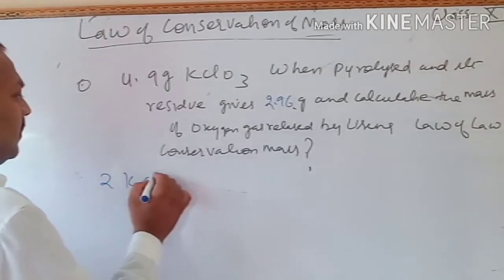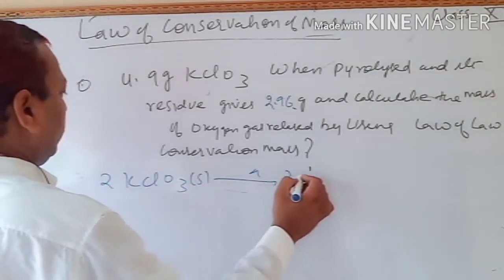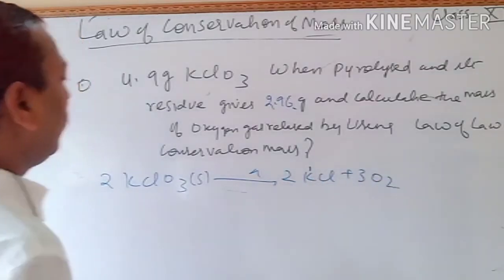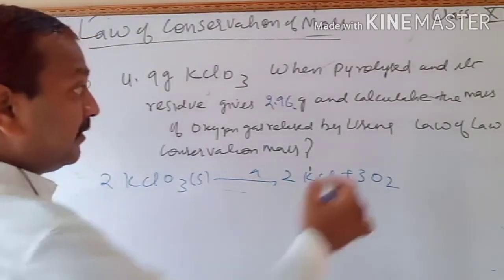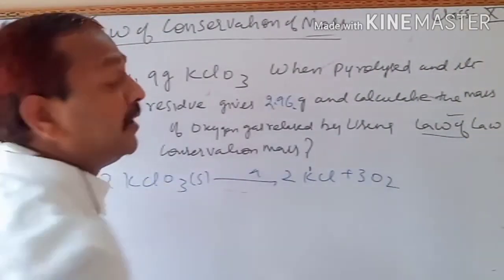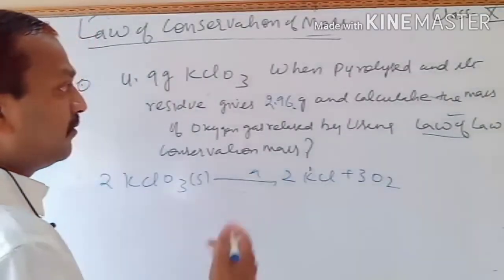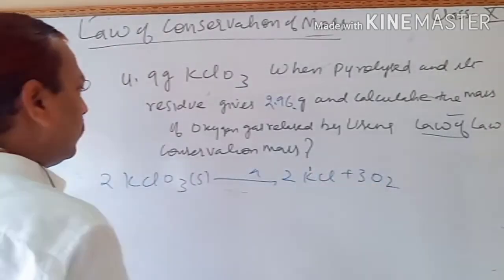Without this it is not possible. Potassium chlorate gives 2 KCl plus 3 O2. Now, the total mass of reactant is equal to the total mass of product. This is the application of the law of conservation of mass, a concept we know.